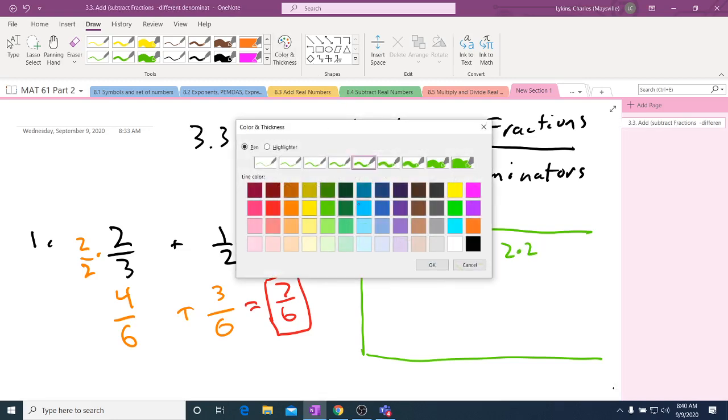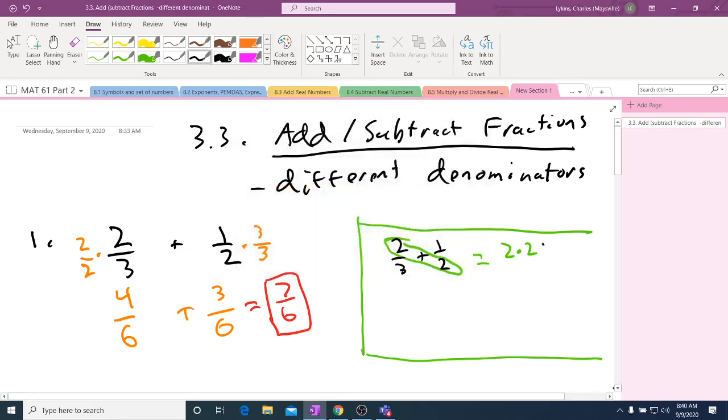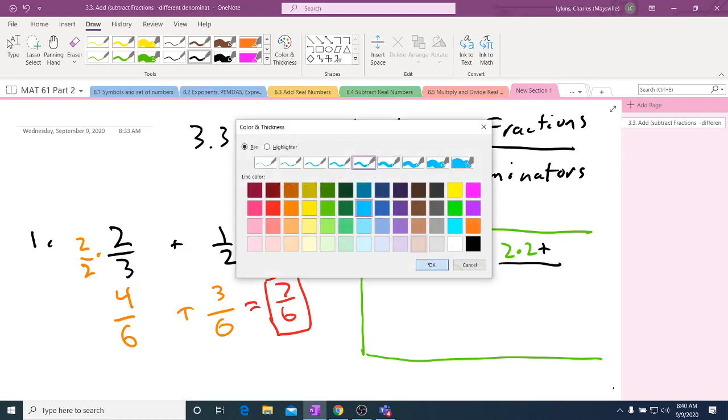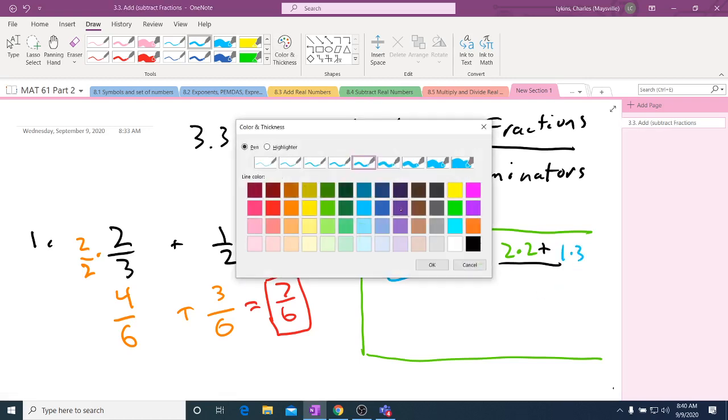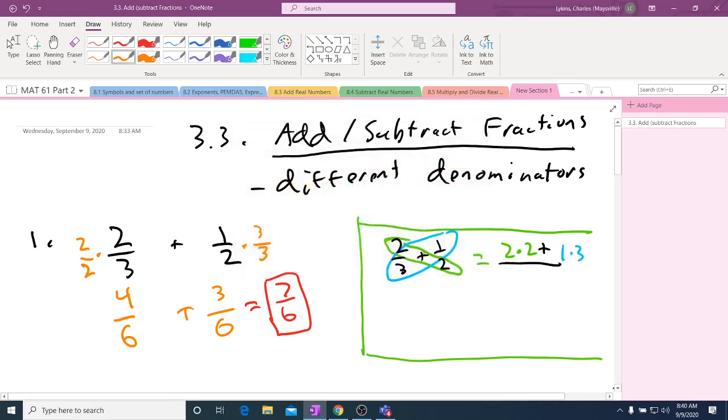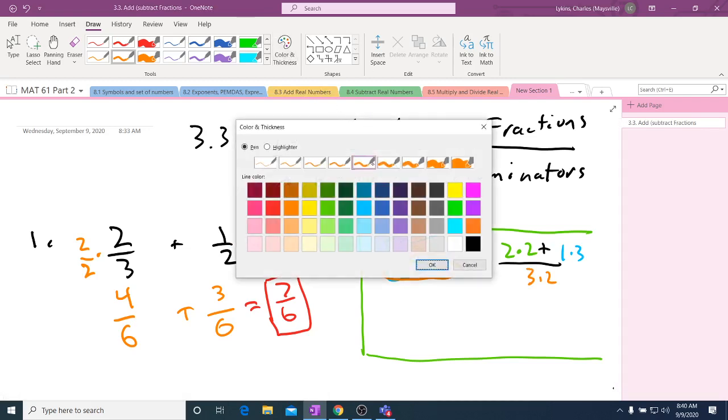Now we've got our addition symbol, which I'm going to leave right in the middle. Then I want to say 1 times 3. And then finally, I'm going to multiply the bottom, 3 times 2. So it's the same kind of method as this, but we're just doing everything at once.